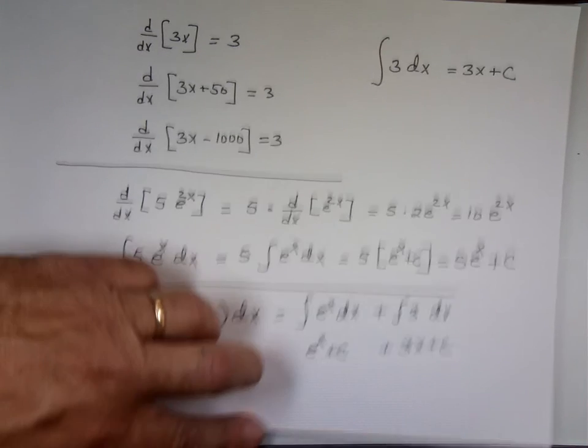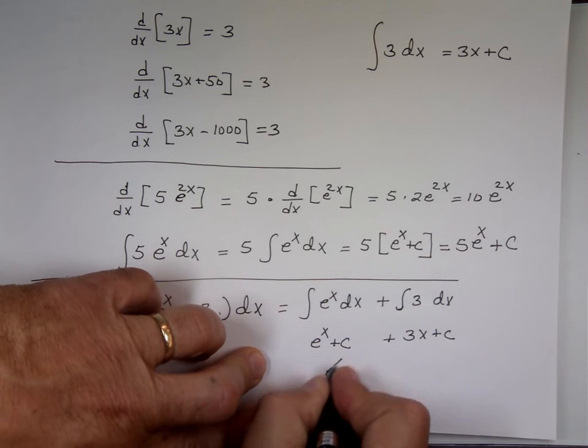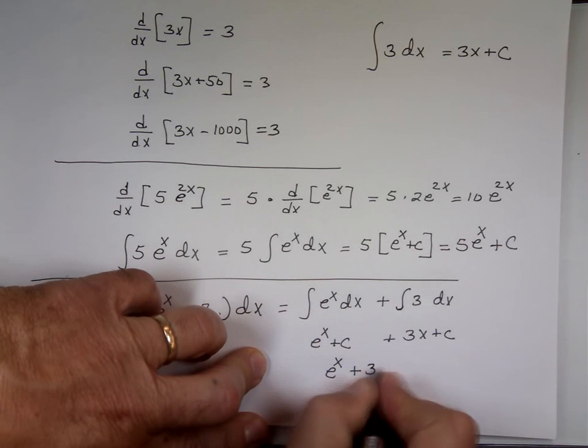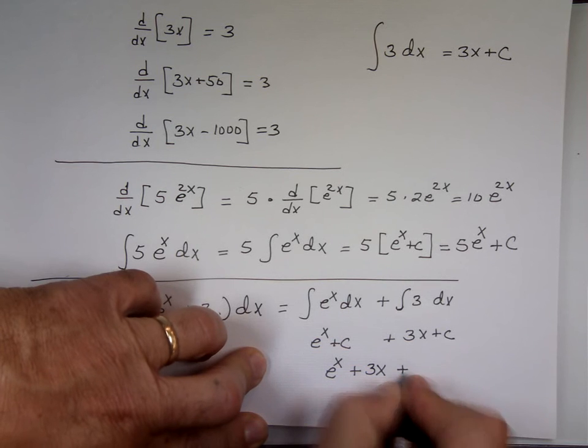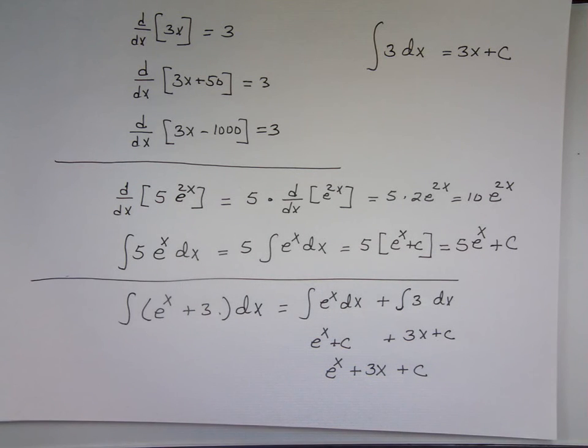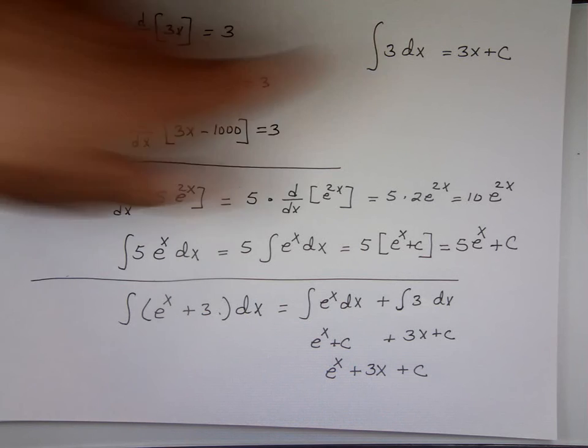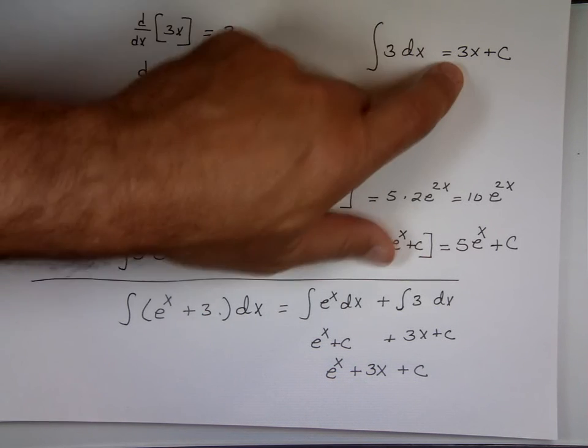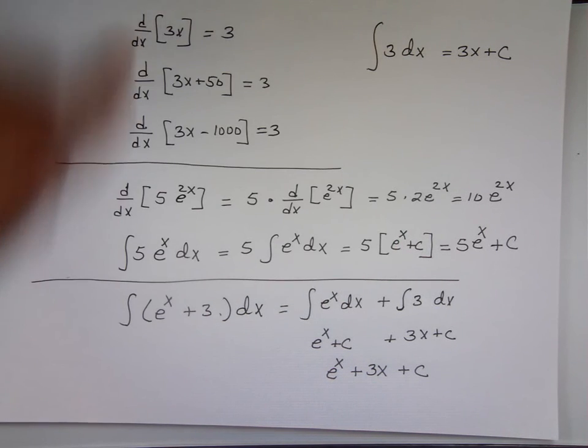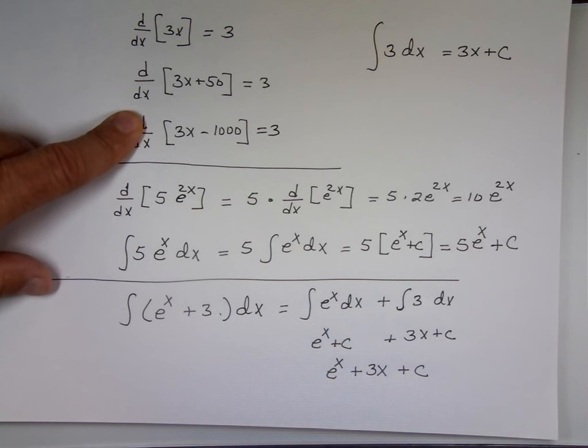You just make it 1c. The only reason I know the integral of 3 dx is 3x plus c is because I did it right there. But what if I just said to you, what's the integral of x to the 5th dx? Wouldn't know that.